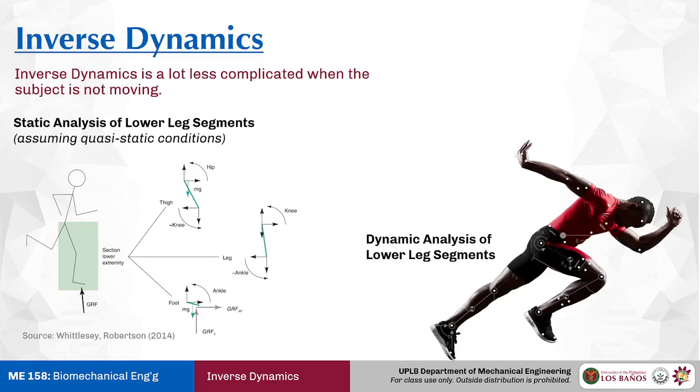Now, when you have a moving body or a moving organism, things get a lot more complicated. Here you have dynamic equilibrium: for translational coordinates, you have mass times acceleration. For bending moments, you have mass inertia times the angular acceleration.